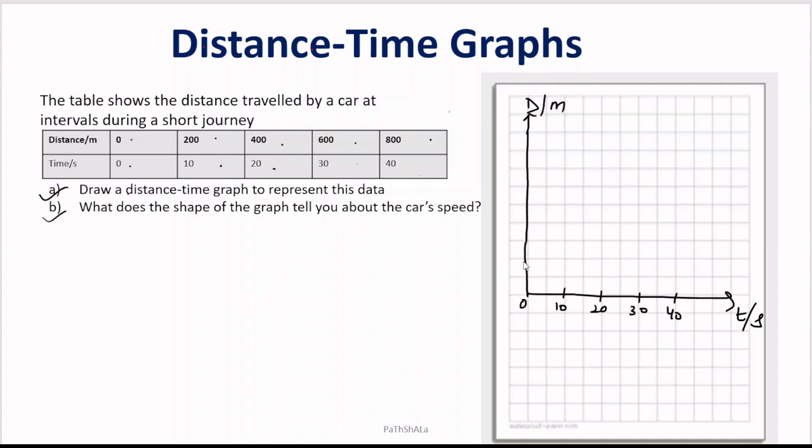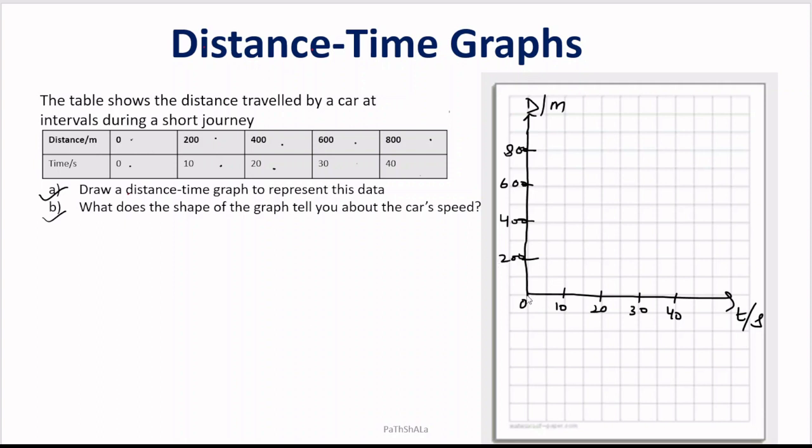Now for distance we have 0, 200, 400, 600 and 800. I'm telling you a tip again: do not forget to mention the unit here. You can lose marks if you are not mentioning the units on your graph. So let's plot the graph.